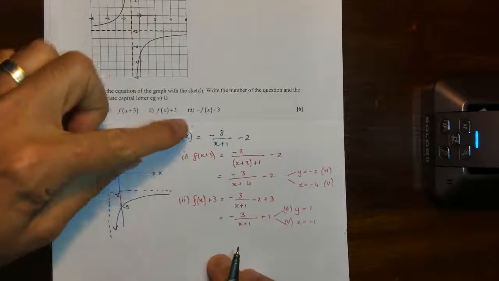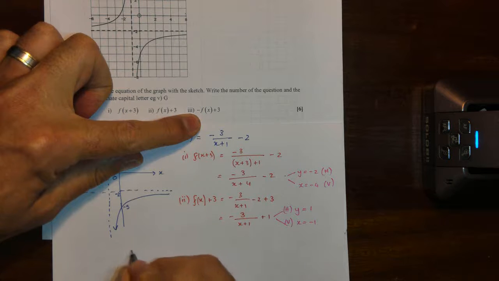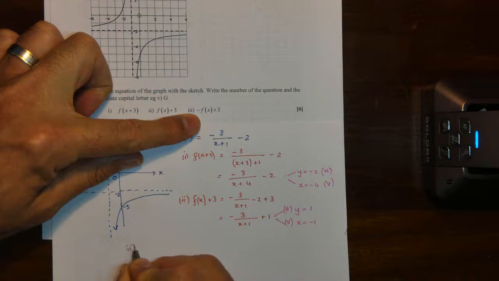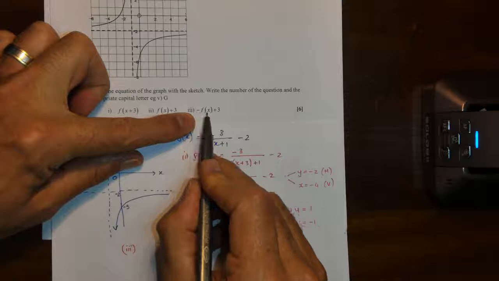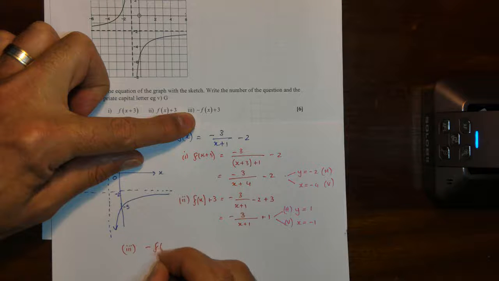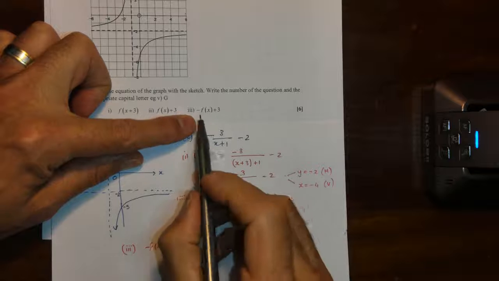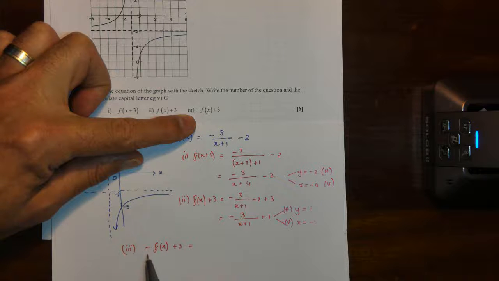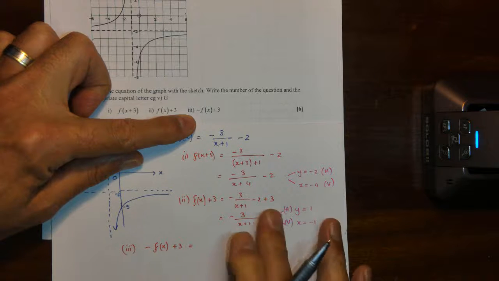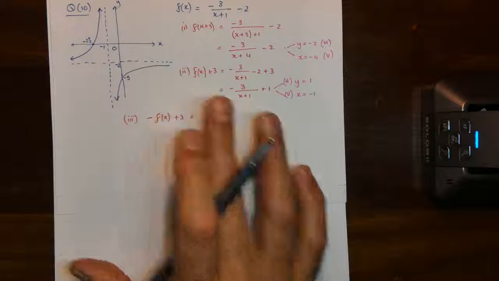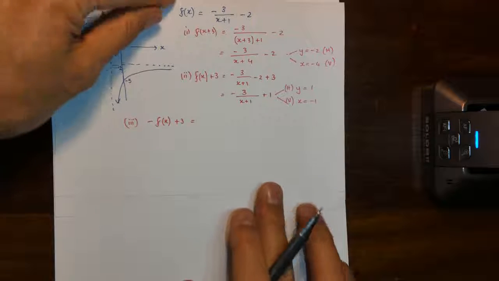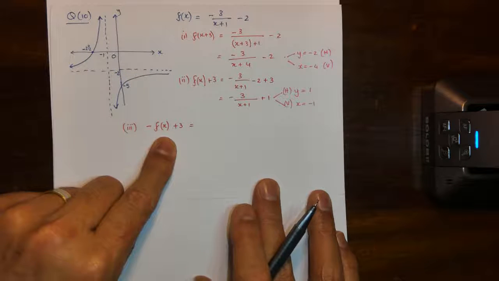Okay, the third one, look at what happened here in the third equation. There was a reflection here, minus f of x plus 3. So the graph reflected in the x-axis. The y values that were negative became minus y values.